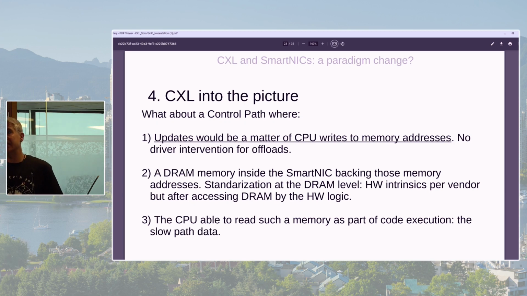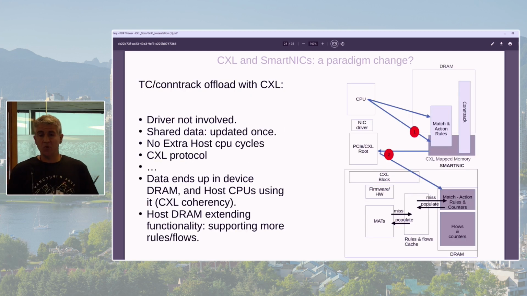You can use this data in the slow path, so you will have just one place to update. So you are going to save resources. By the way, this is more than duplication, because I would say for all the NICs supporting this kind of stuff, the driver is also keeping data about the flows offloaded and about the rules offloaded. Okay?